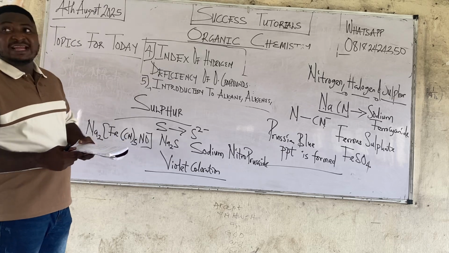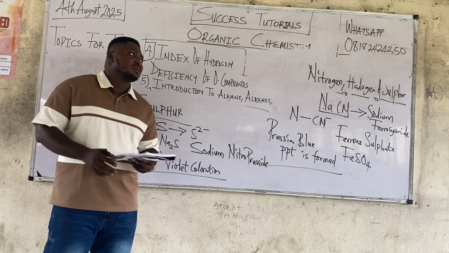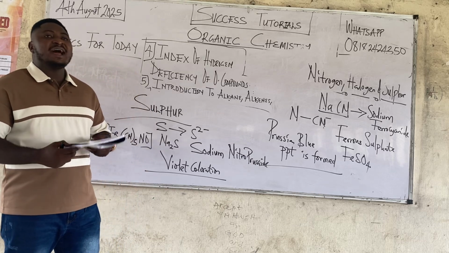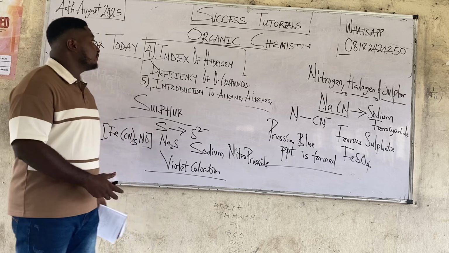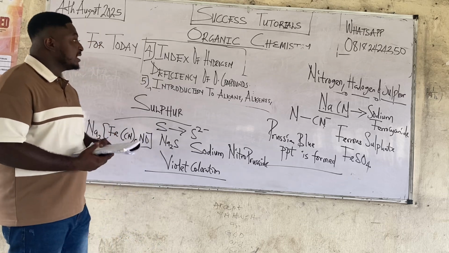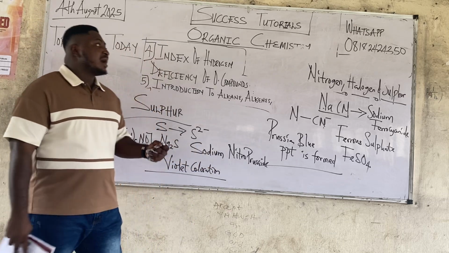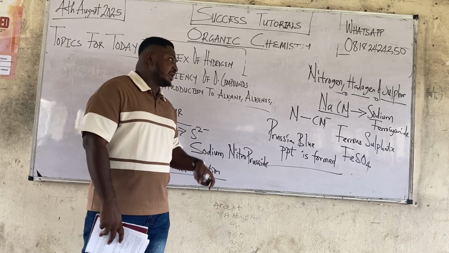Class, now that we have tested that they are there, the question in our minds is how much of them is present: how much sulfur, how much nitrogen, how much halogen is present in the organic compound.